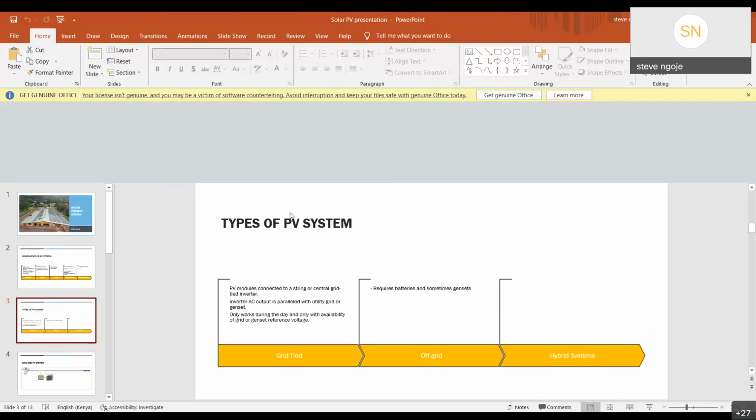It's not being stored. It can be stored in a different setup, but it's not being stored in this case. So the main thing with this is that the cable from the AC output side of the inverter is always connected in parallel with the incoming grid.